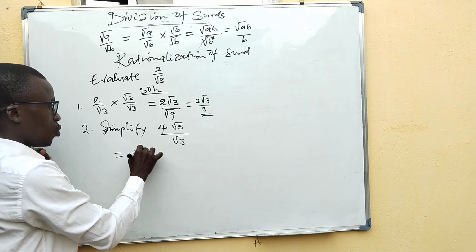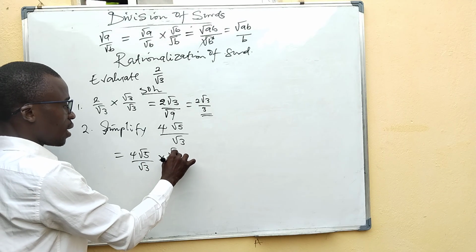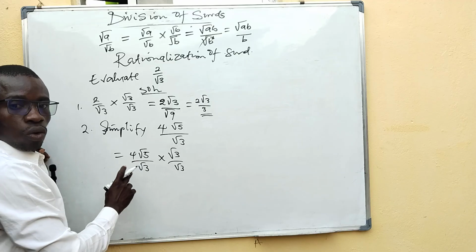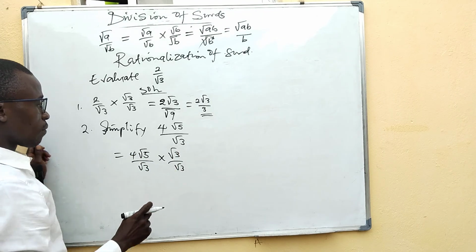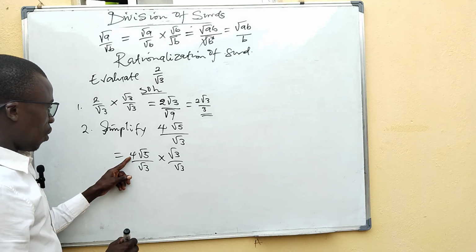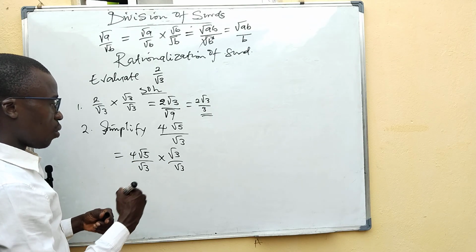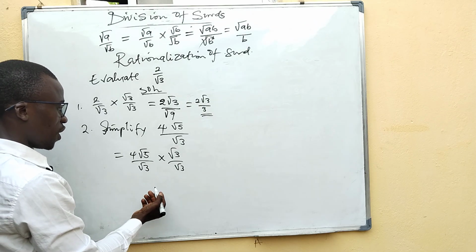We have 4 root 5 all over root 3 times root 3 over root 3. Okay, so having done this, use this to multiply this. Now 4 root 5 times root 3. Good. What will it give you? It will give you 4 root 15.